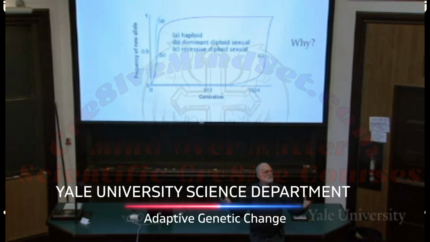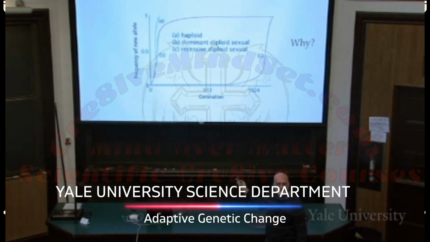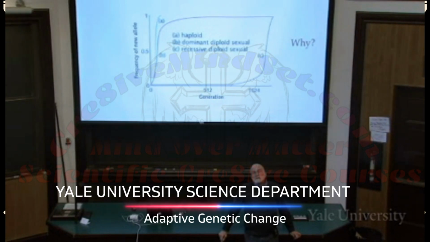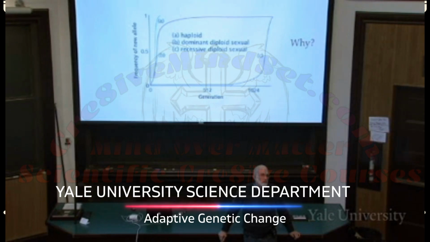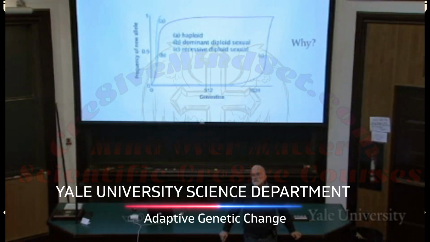What proportion of the population is in heterozygous form as you get near the end? If you're a dominant diploid sexual and you're at a frequency of 0.9, 81% of you are going to be dominant homozygotes. 18% of you are going to be heterozygotes, and 1% of you are going to be recessive.